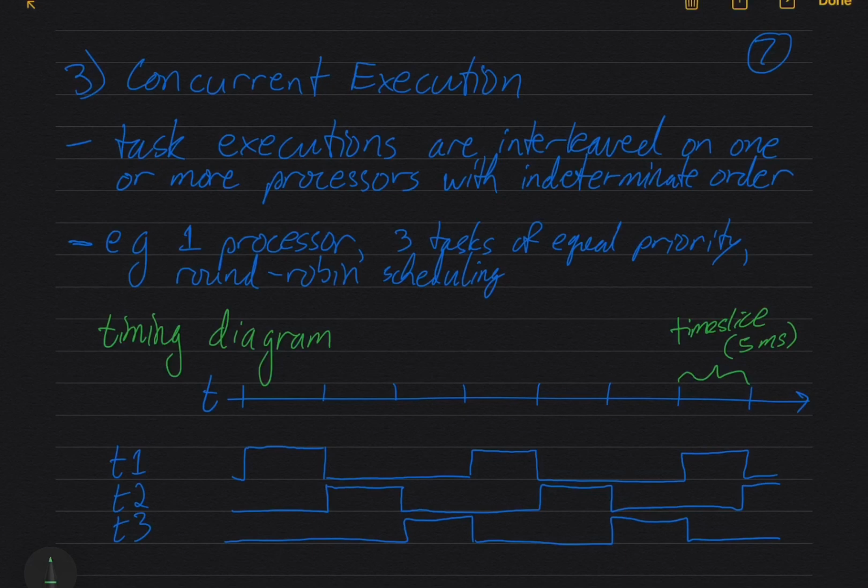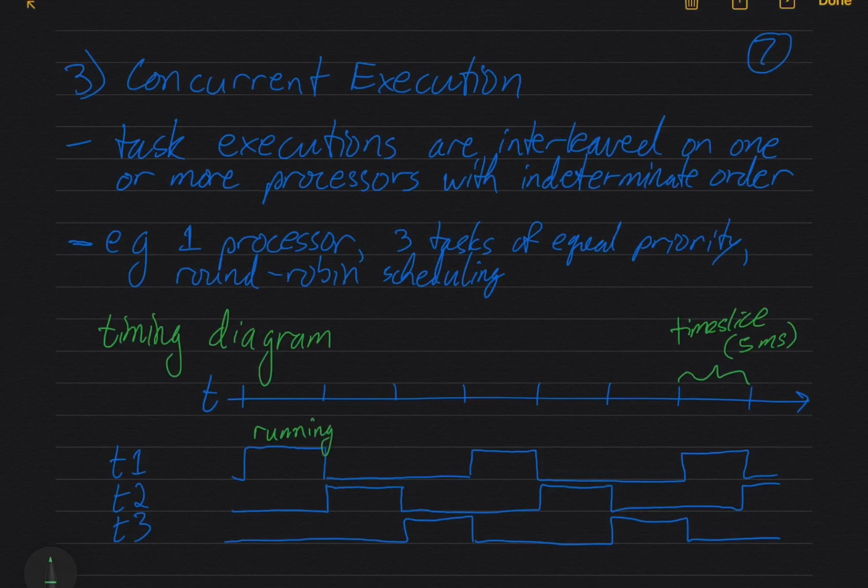Time slices used to be longer, something like 20 milliseconds, but processors are faster now. It can switch between these tasks fairly quickly, and so making the time slices smaller makes it appear more like simultaneous execution.